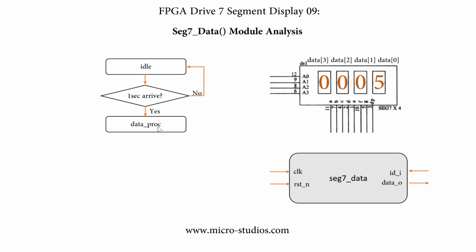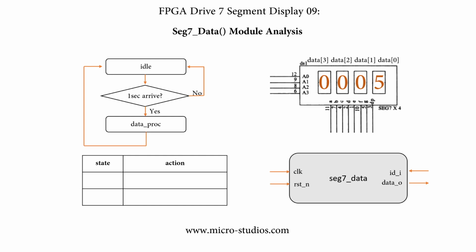So the data processing is doing this thing. If you want to do other functions like minutes and hours, it is also processed in this state. After this state, we go back to idle. So the state machine is quite simple. Only 2 states.